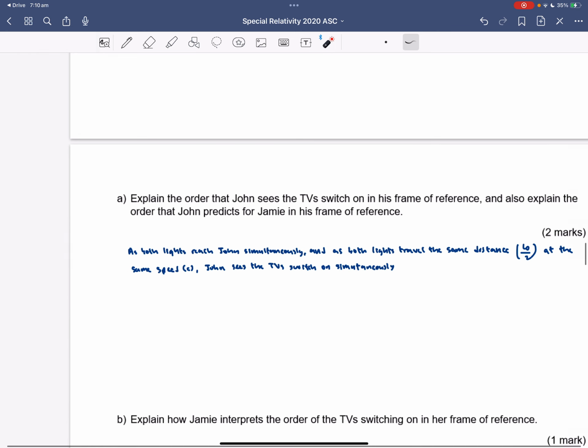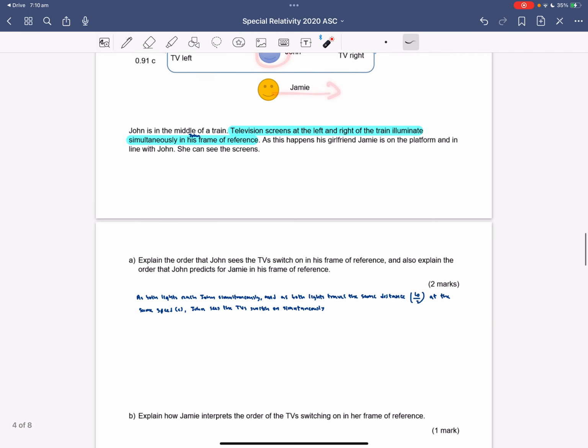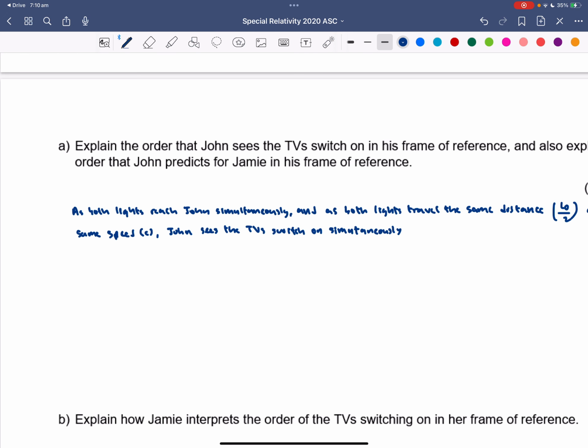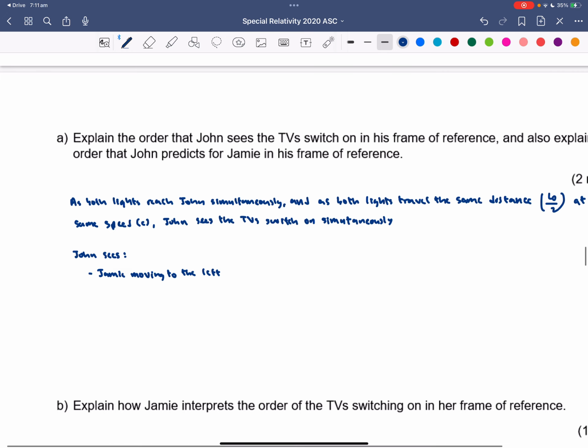Alrighty, so guys, obviously Jamie thinks John is moving to the left. That means that John thinks Jamie is moving to the right. So John sees Jamie moving to the left, basically away from the left TV towards the right TV.